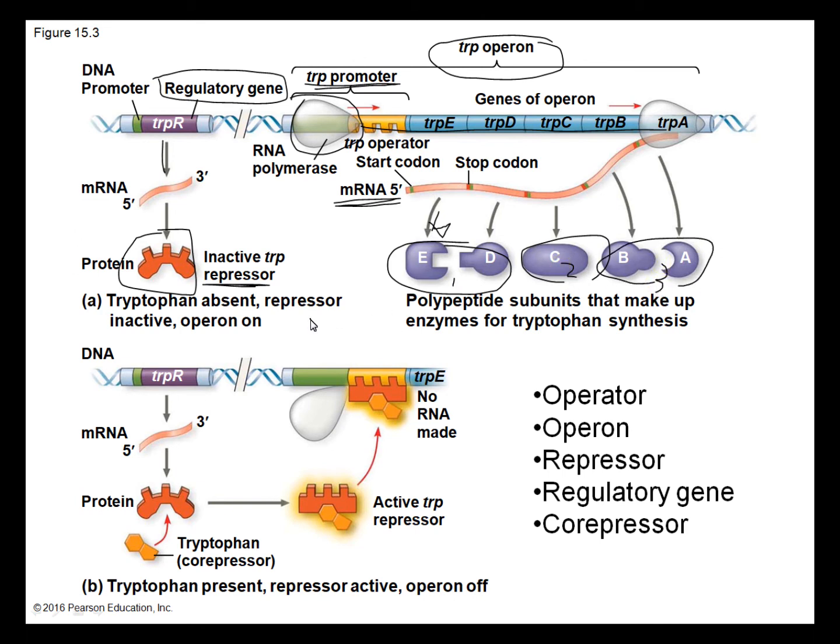creating the enzymes: two proteins that form enzyme 1, enzyme 2, and enzyme 3, necessary for tryptophan synthesis. When you have too much tryptophan, you want to turn it off.